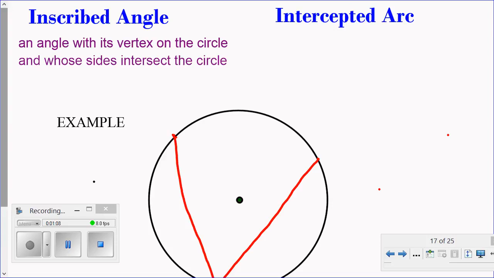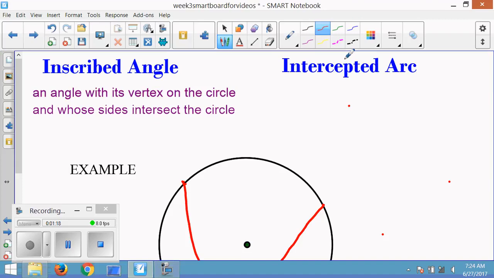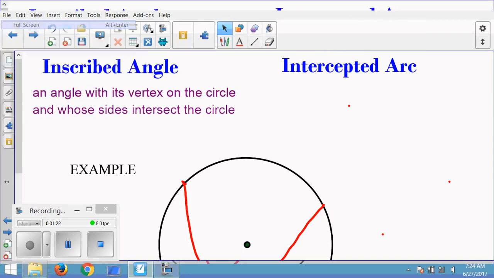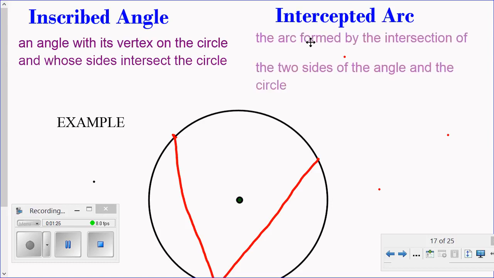So, an intercepted arc, let me see if I can go back here. An intercepted arc is the arc formed by the intersection of the two sides of the angle and the circle.